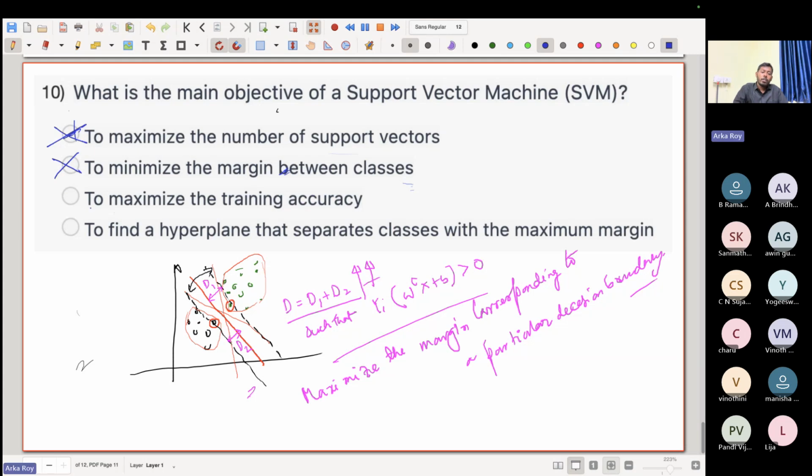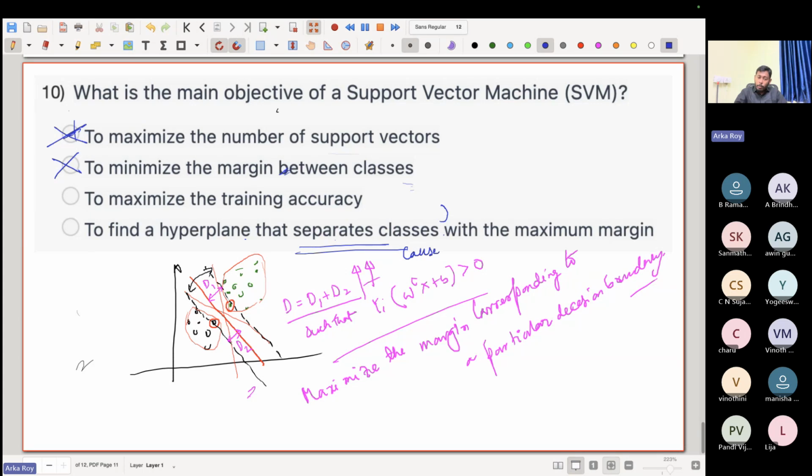The next option is to maximize the training accuracy. Obviously, for each and every classifier, the main target is to maximize the accuracy. But in respect to this, if you see option 4, which states to find the hyperplane that separates the classes with maximum margin, this is the cause.